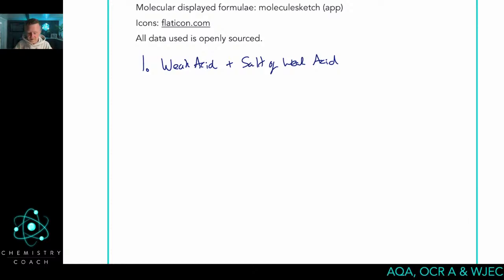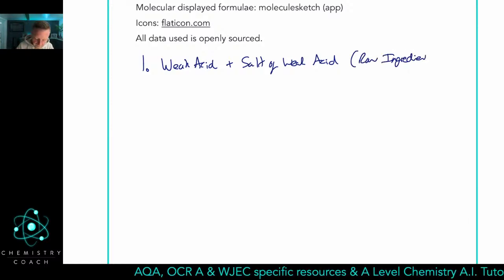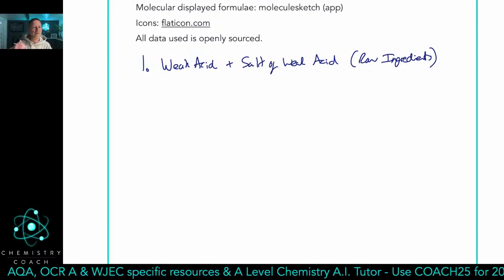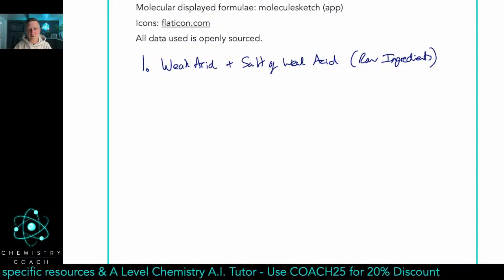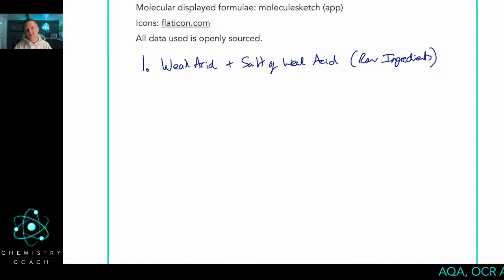So basically they're putting in the raw ingredients of a buffer into a solution, and maybe they'll ask you to find the pH, or maybe they'll tell you the pH and ask what mass of salt we need to put in in order to make this solution. But the baseline of the question is that they're just mixing the raw ingredients of a buffer together.